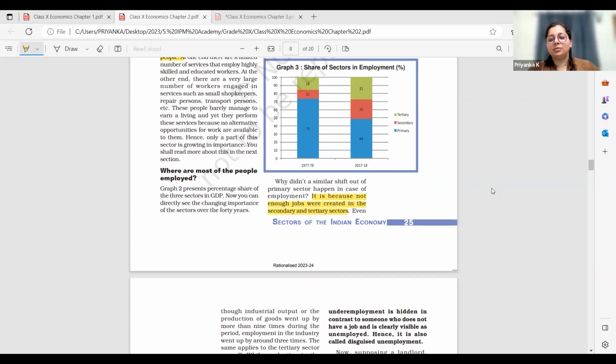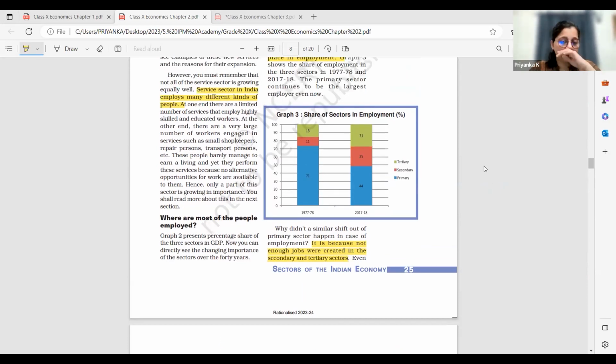Okay. Maithili is saying that agriculture is the major occupation in India. Yes, one of the reasons is definitely that in India, the agricultural sector is the largest sector in our country, and a large number of people are part of the agricultural community.